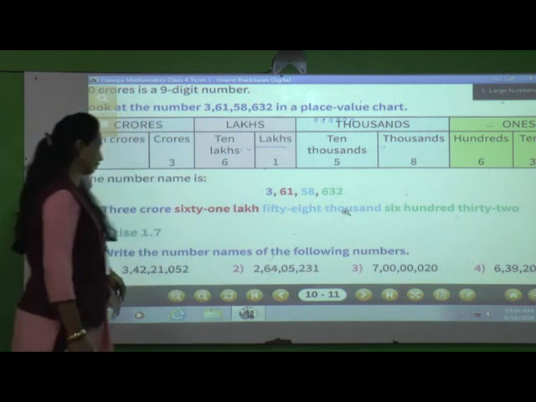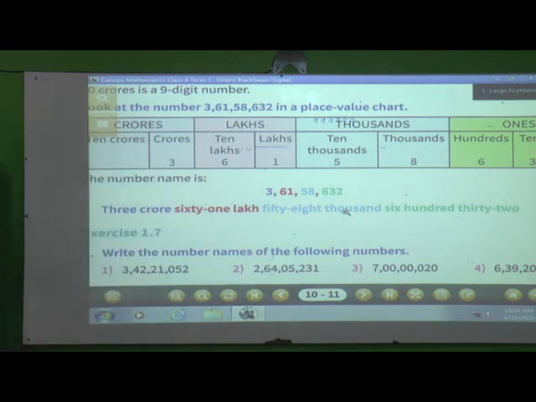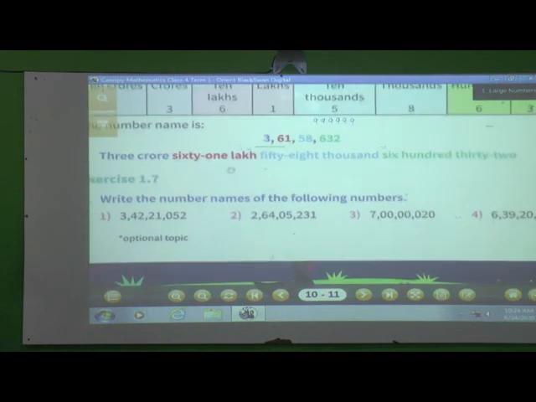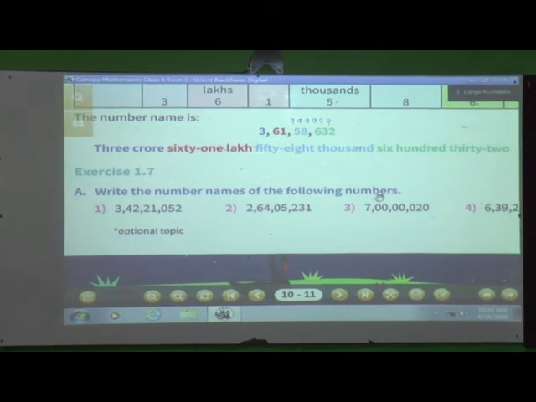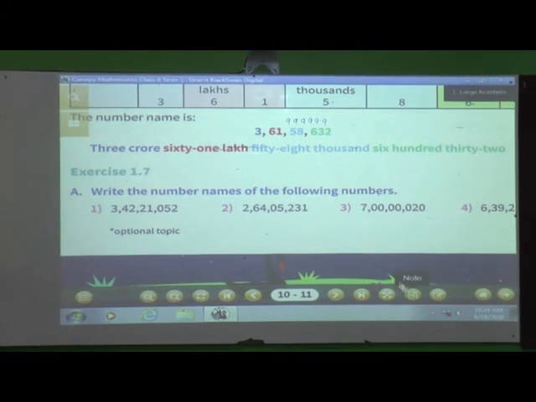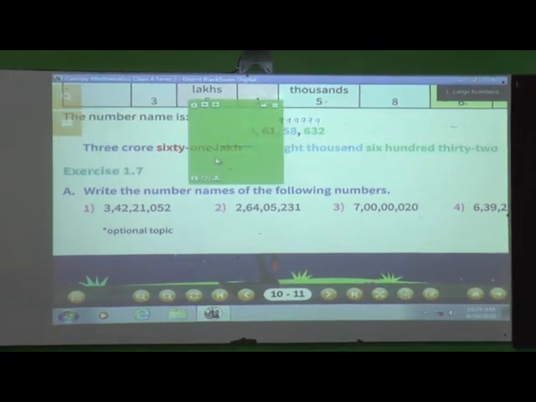Now we will start with our exercise 1.7. First question. What is the first question? Write the number names of the following numbers. Shall we write? Yes, we will write.